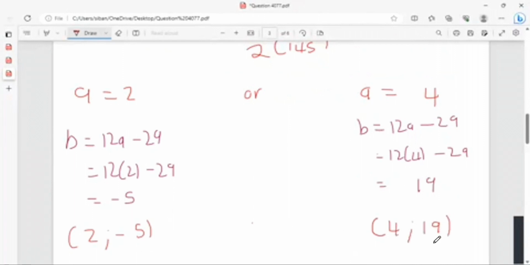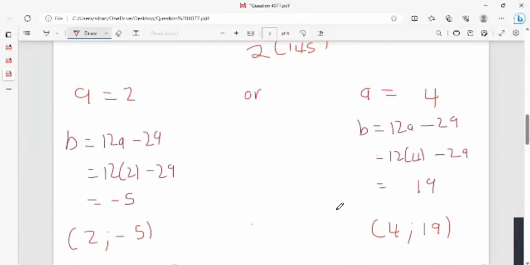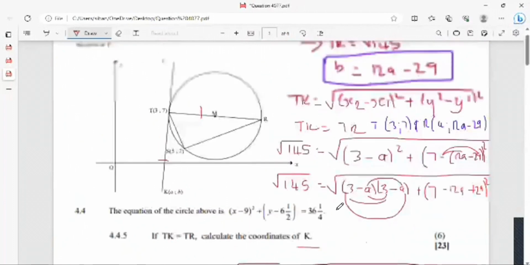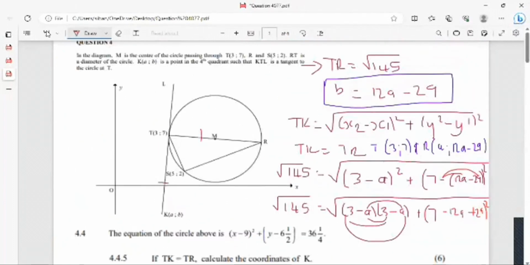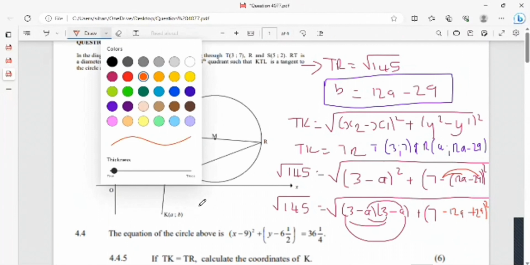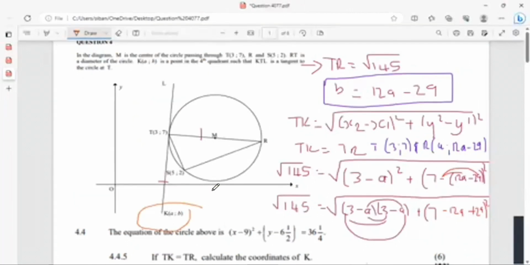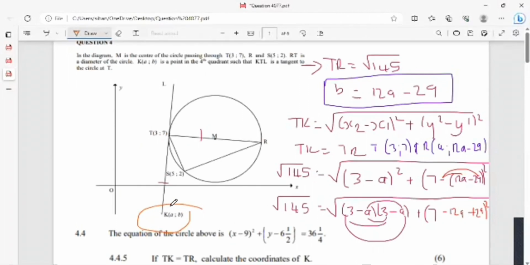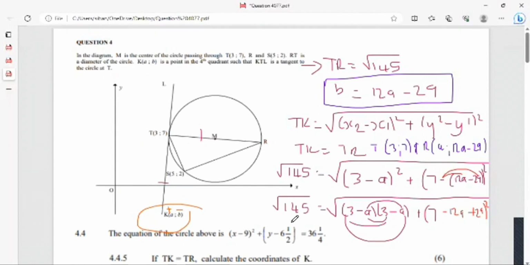We need to determine which answer is going to be correct. If we look at the position of k, we will see that the x value would be positive and that the y value will be negative because k is below the x-axis.